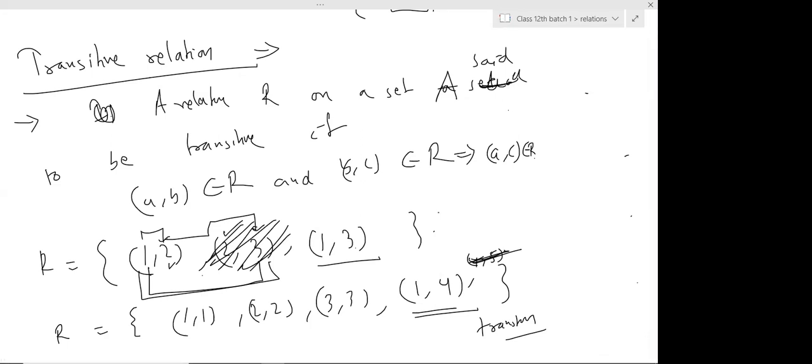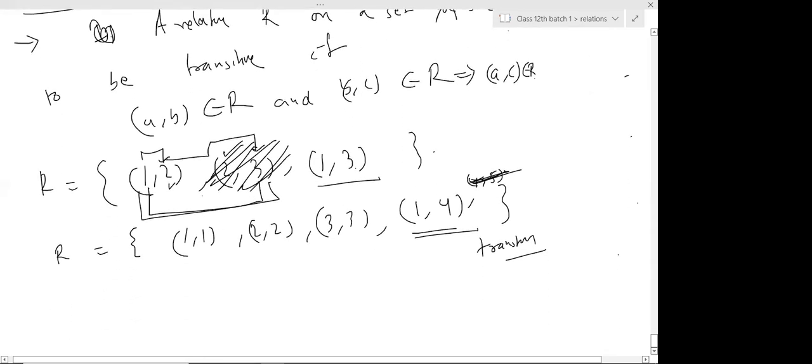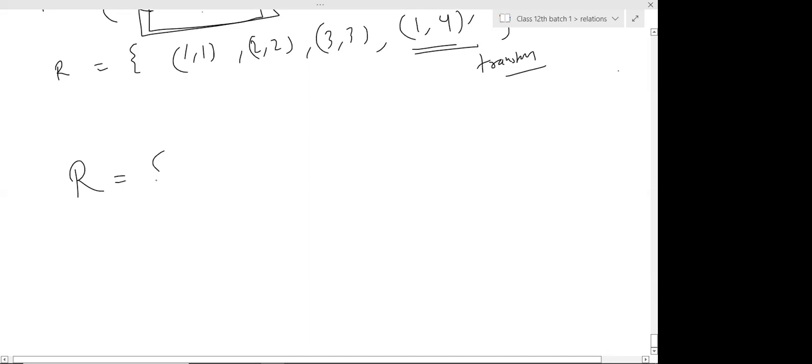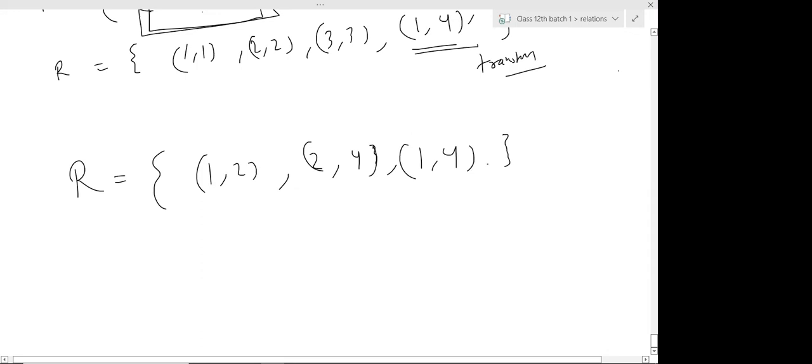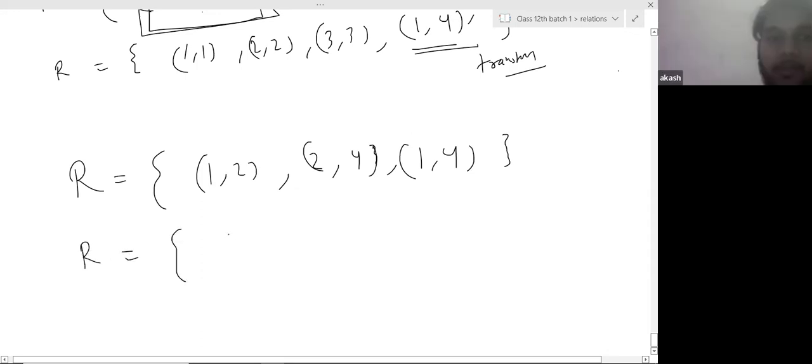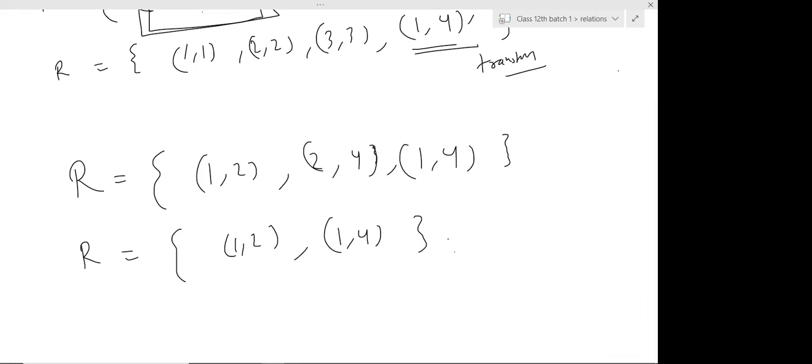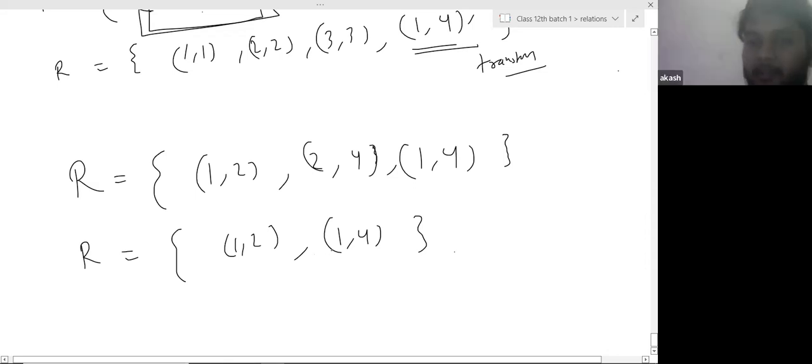Sir, can you explain once more? See, if I write a relation (1, 2) and (2, 4), then for this to be transitive we must have (1, 4). Yes, sir. But if I write another relation (1, 2) and (1, 4), and I ask you if this is transitive, then what would you say? Sir, there is a special case where it will be transitive. Right, this is what I'm saying, Krishna. This is transitive.